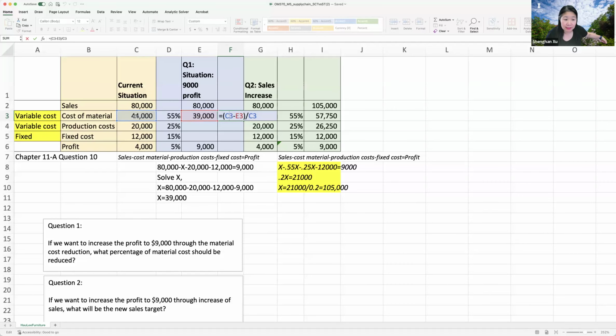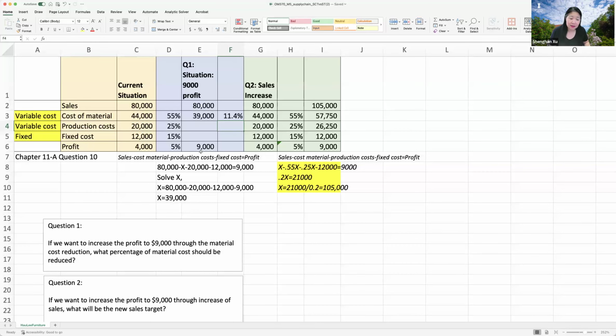So 44,000 minus 39,000, divided by my original cost of material. And this gives me a percentage value of 11.4. So I needed to reduce my cost of material by 11.4% to reach a profit of 9,000. Okay, so this is the approach that focuses on cost reduction.